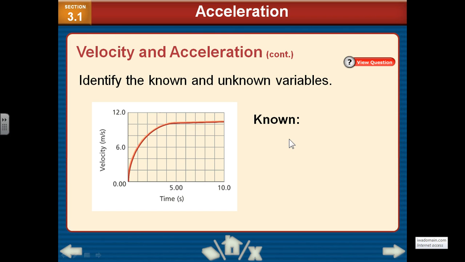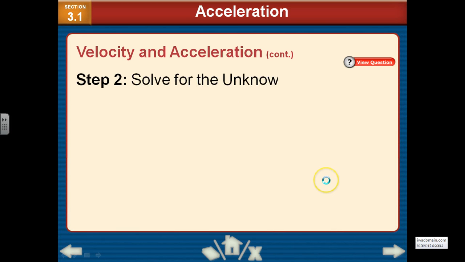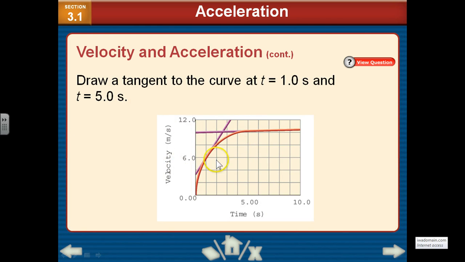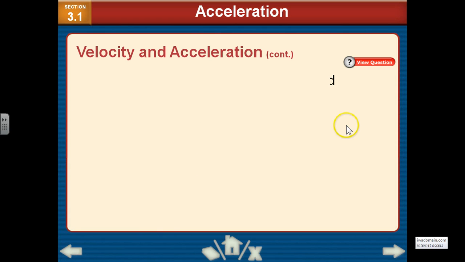We'd have to identify our knowns and our unknowns. We know that the velocity is varying. We have a zero velocity here, 6 meters per second here, 10 meters per second here, so the velocity is varying, and we want to figure out the acceleration. To solve for the unknowns, we're going to look at the tangents of these lines. Here we could see the tangent at 1 second is fairly steep. The tangent at 4 or 5 seconds is fairly shallow.